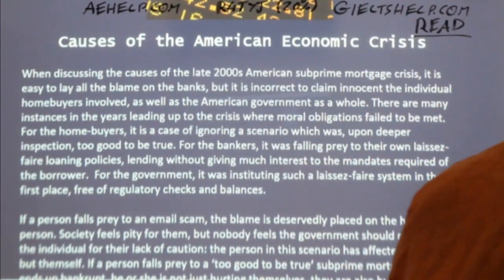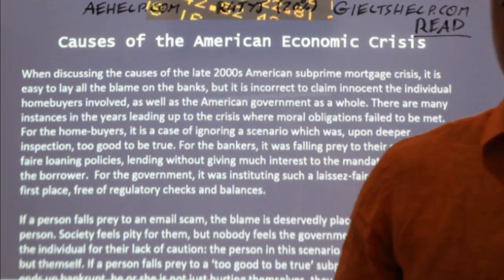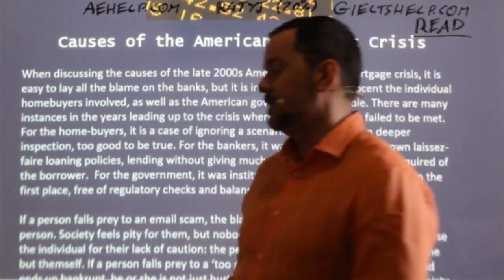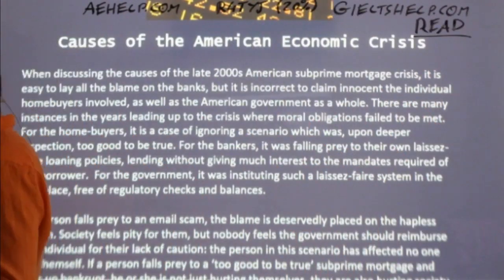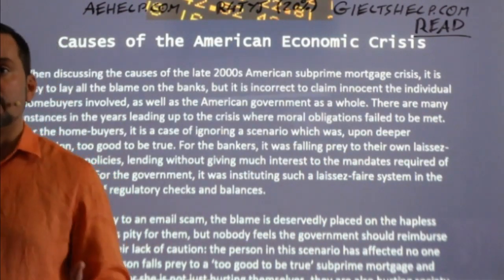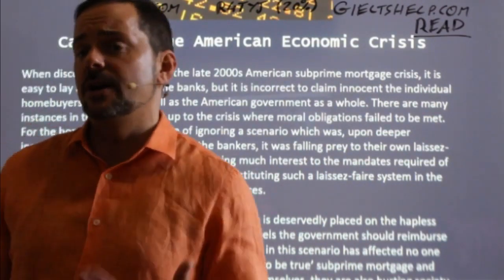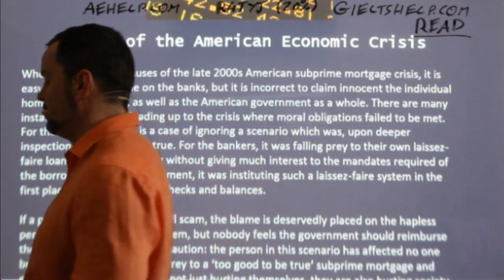So what are the main ideas? What's the main idea that you can take from this introduction? Okay, and I mean that you have to understand. So Tito says, well, I got the idea that it's had something to do with the fault of the banks.